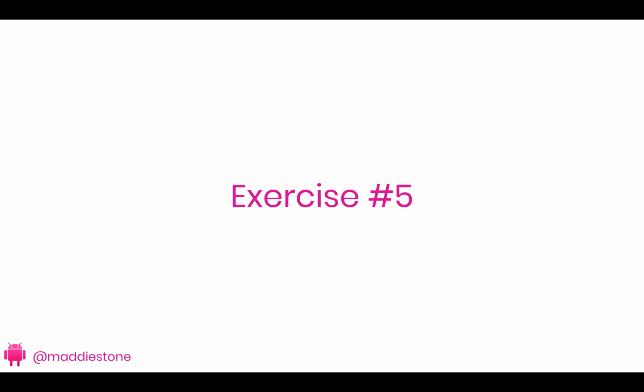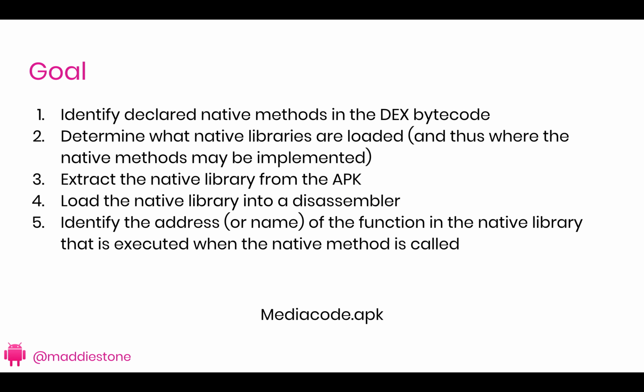And now we're ready to get into exercise number 5. For exercise number 5, our goal is to not yet reverse engineer the assembly code, but we are going to practice identifying Java declared native methods in the DEX bytecode and then link them to the function that is actually executed within the native library.